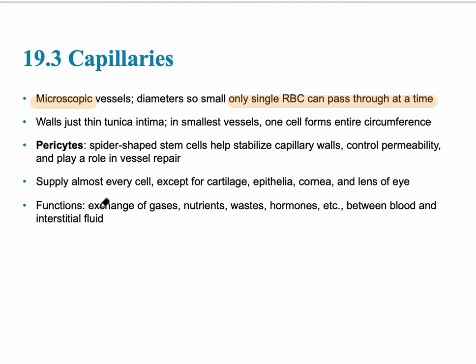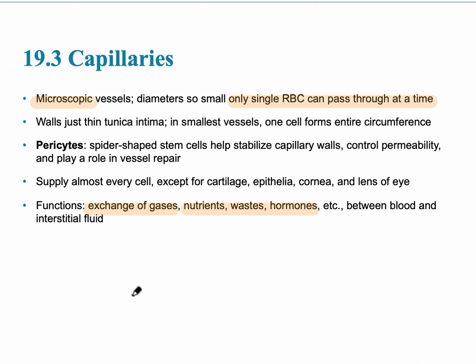So the function is the exchange of gases, nutrients, waste, and hormones between the blood and the interstitial fluid. And there's pulmonary capillaries, and there's also systemic capillaries. But in pulmonary capillaries, the blood is picking up the oxygen and dropping off the carbon dioxide.